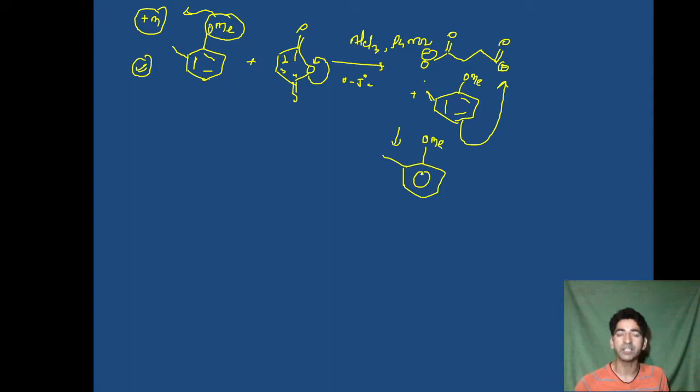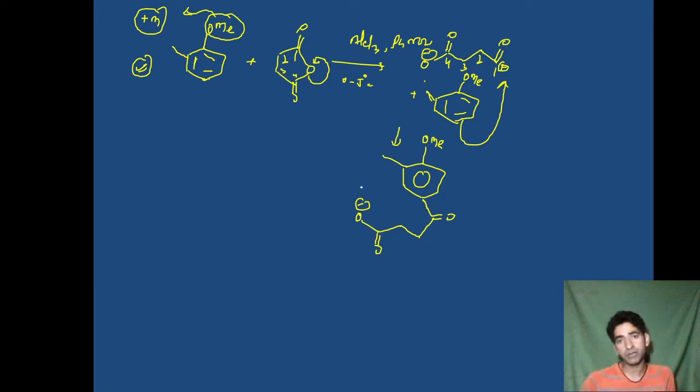So attack will take place at this carbon. This is carbon 1, carbon 2, carbon 3, carbon 4. So carbon 1 has been attacked. This carbon contains double bond O, and this is attached to carbon 2. Carbon 2 is attached to carbon 3, and carbon 3 is attached to carbon 4. Carbon 4 is attached to O minus, a carboxylate group.